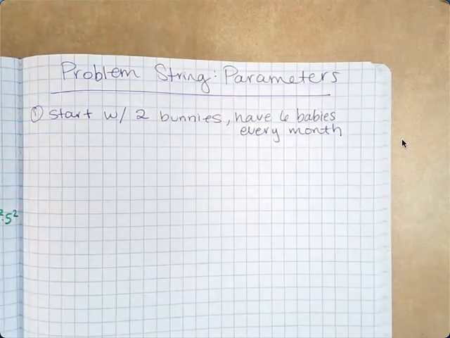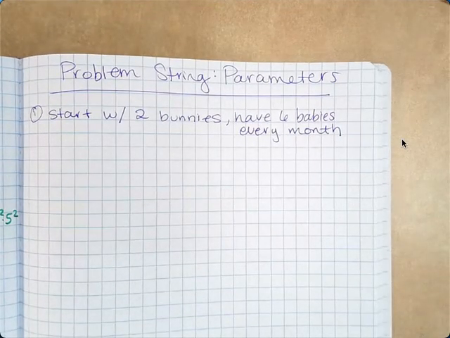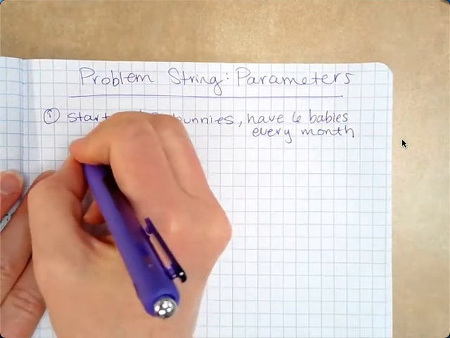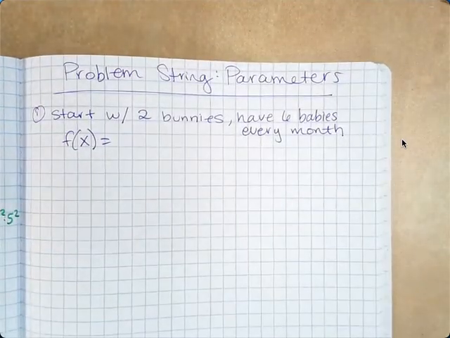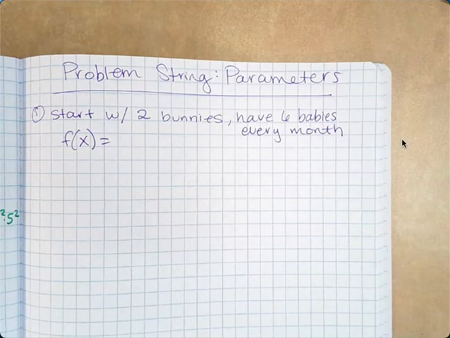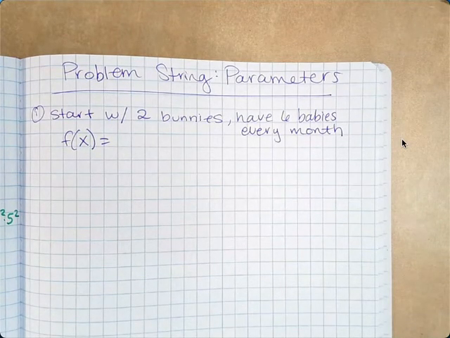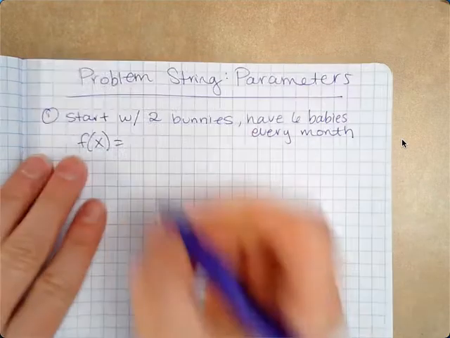So let's write the function rule. Our f of x equals, how do we write our function rule? If we start with 2 and they have 6 babies every month. 6x plus 2.